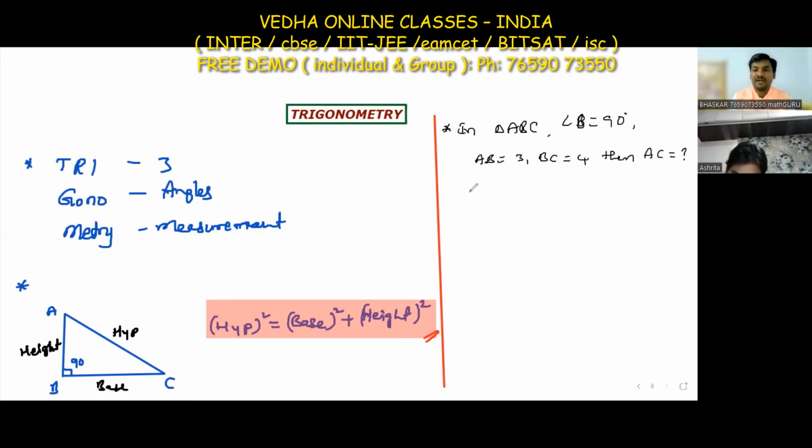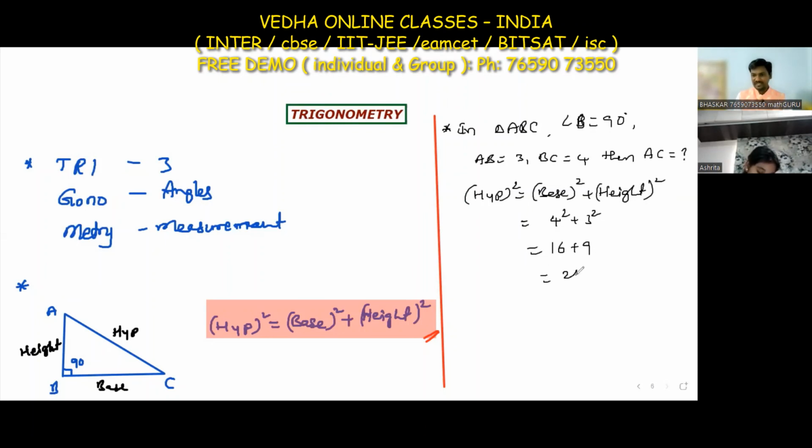What is the formula here? Hypotenuse square is equal to base square plus height square. By using this, base square plus height square: 4 square plus 3 square. 4 square is 16, 3 square is 9, 16 plus 9 is 25.